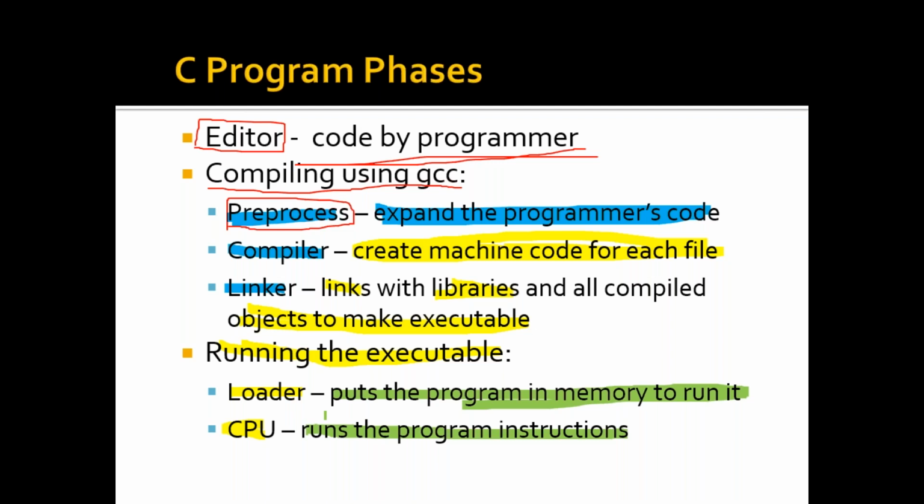Why do we use a compiler? In fact, the compiler transfers data from a high level language into low level language. And then the linker links the program with the libraries to make an object executable, and then we run the executable. We have two things: the loader, which puts the program in memory, and the CPU, which executes or runs the program instructions.